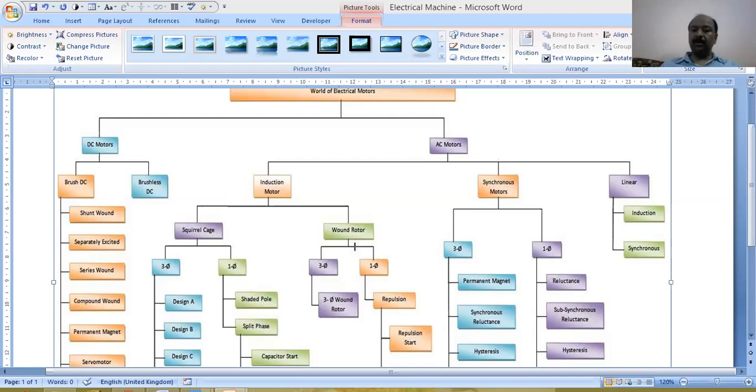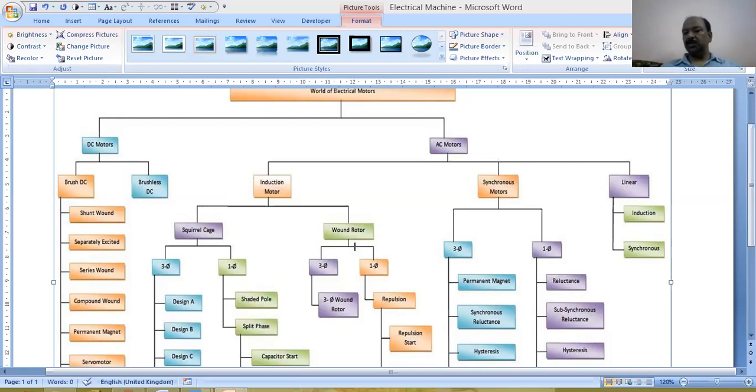The stator has the normal winding structure as in the induction motor, as in the squirrel cage, but in the wound rotor type, the rotor structure is quite different. So this will be on the basis of three phase. In case of single phase, there are three types of structure: repulsion type, repulsion start motor, and the repulsion induction.